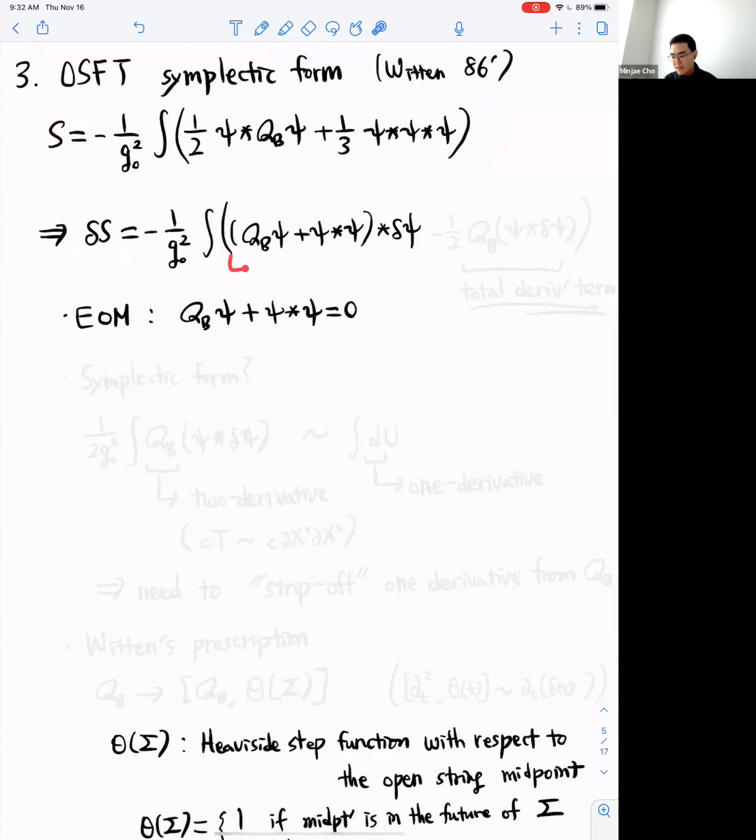We obtain this part, equations of motions. Okay, I think many people in this audience have expertise in dealing with this one. Of course, in order to obtain this form of equations of motions, we should have done integration by parts. And in our case, it is actually given by this Q_B term, which is a total derivative.